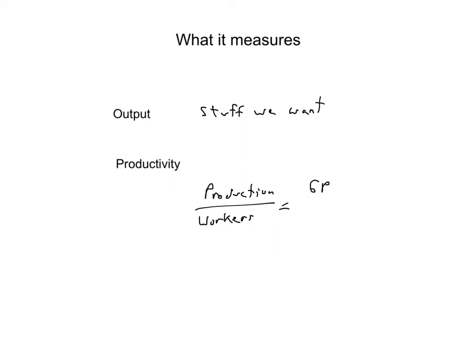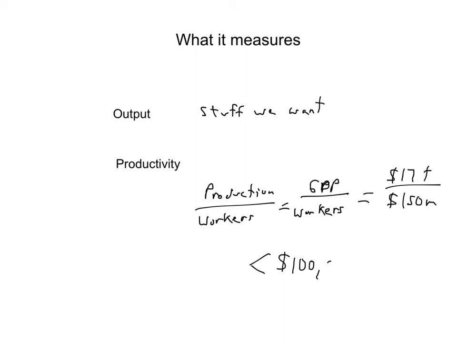So it's basically GDP divided by workers equals, for the United States, very roughly, 17 trillion divided by maybe 150 million workers, and whatever that is is productivity. So what is that? That's a little shy of 100,000. This is per person. How much does each person produce? Probably less than that, right? But that's an example of productivity.